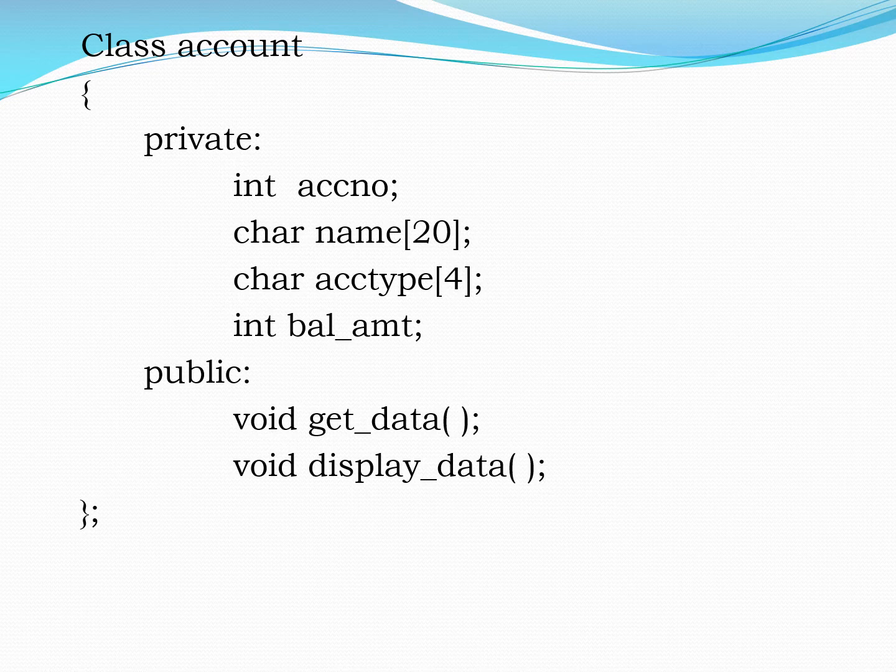Account is the class name, and class is a keyword, followed by different sections like private and public. We are also going to have data members and member functions. Data members like account number, name, class type, balance. And also we have member functions like get data and display data.